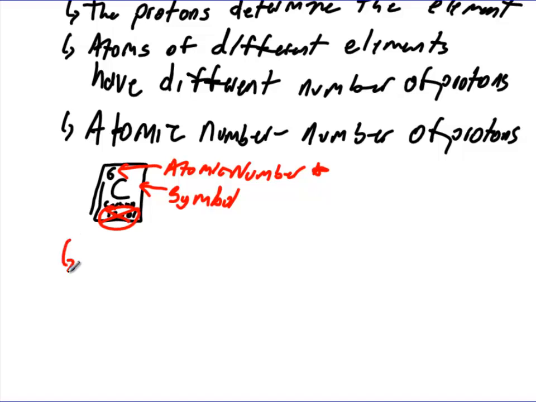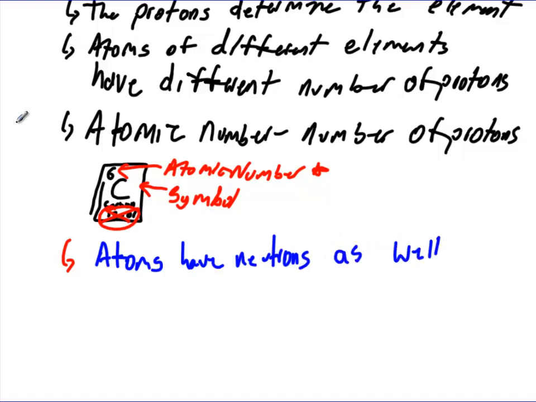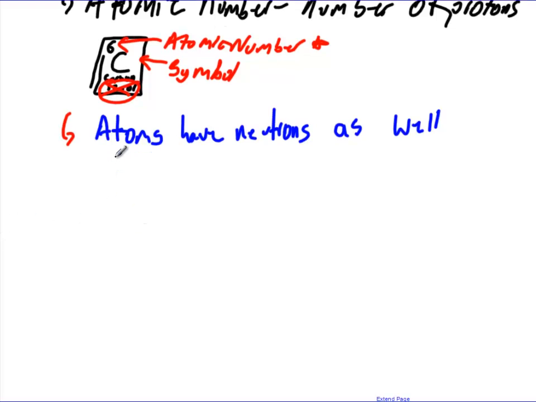Okay? But atoms don't just have protons. Atoms also contain neutrons, and the nucleus contains those neutrons. Atoms have neutrons as well, and these are also in the nucleus. And so it turns out the neutrons actually help hold the nucleus together.